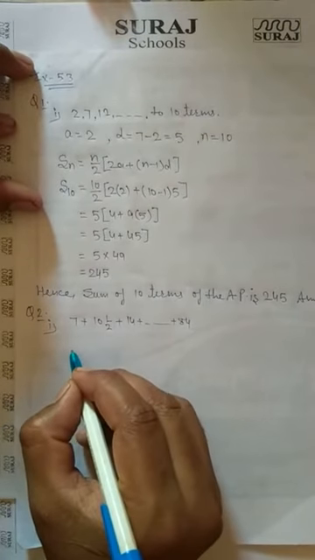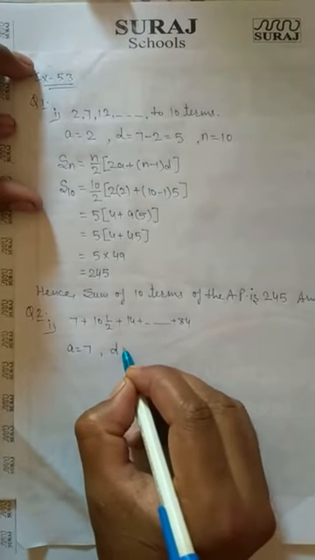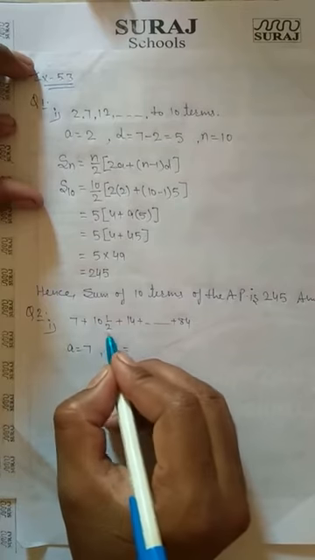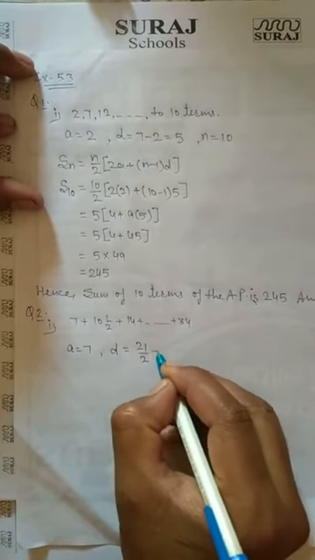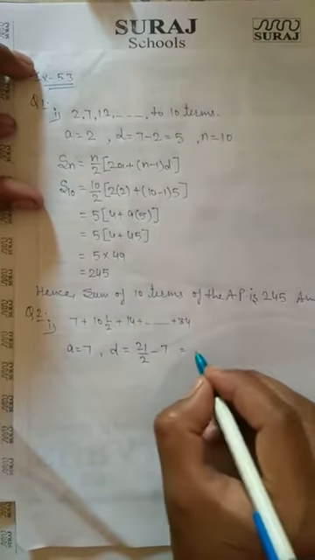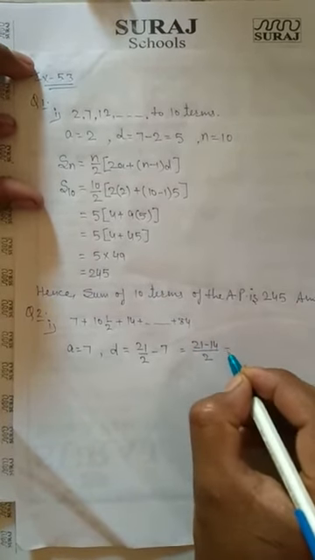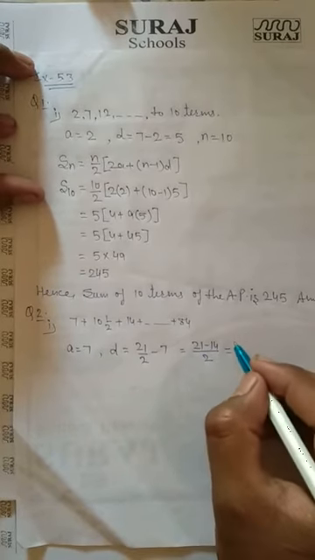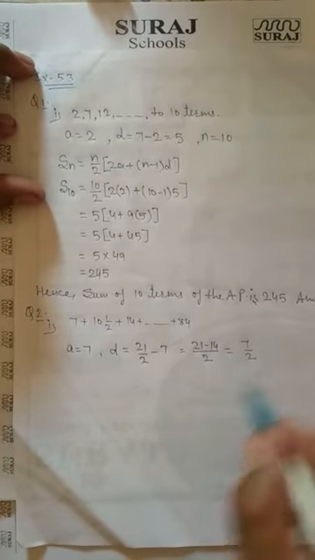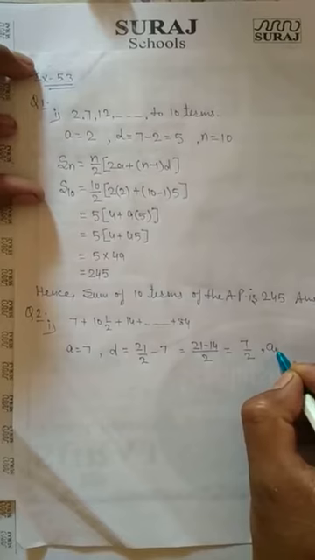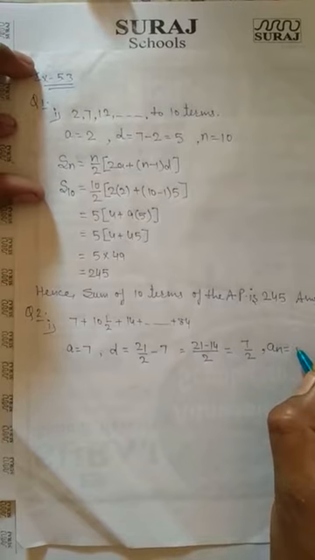So beta, a is 7. d is equal to, beta, let's convert the mixed fraction. 10 into 2 is 20 plus 1, 21 by 2, minus the first term 7. Okay, 2 as LCM, 21 minus 14 is 7 by 2. d is 7 by 2, and an, the nth term, is 84.